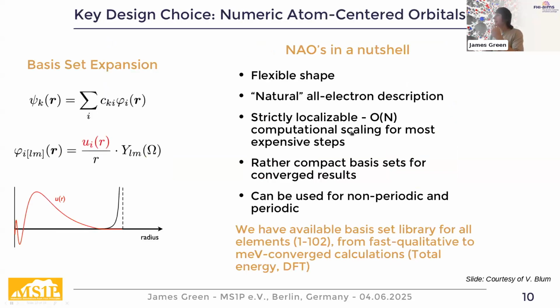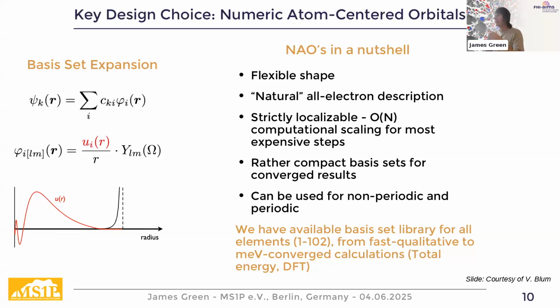So as everybody who's done some kind of quantum mechanics simulations before knows, we generally represent a wave function, in this case electronic wave function, as a basis set expansion in terms of basis functions phi-i. Now in many molecular electronic structure codes, Gaussian basis set is chosen, and for periodic codes, quite often plane waves are chosen.